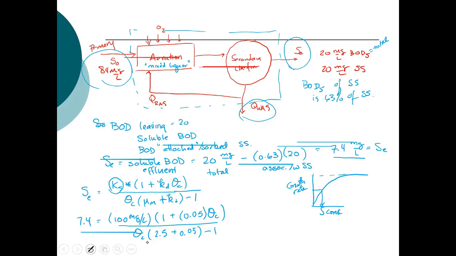Okay. So it's a multiplication of this term minus 1, and that is equal to 8.2 days.